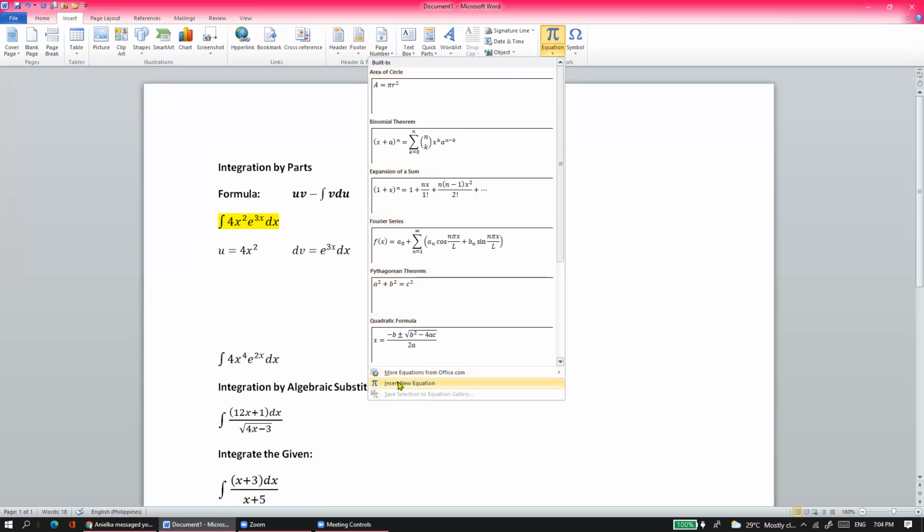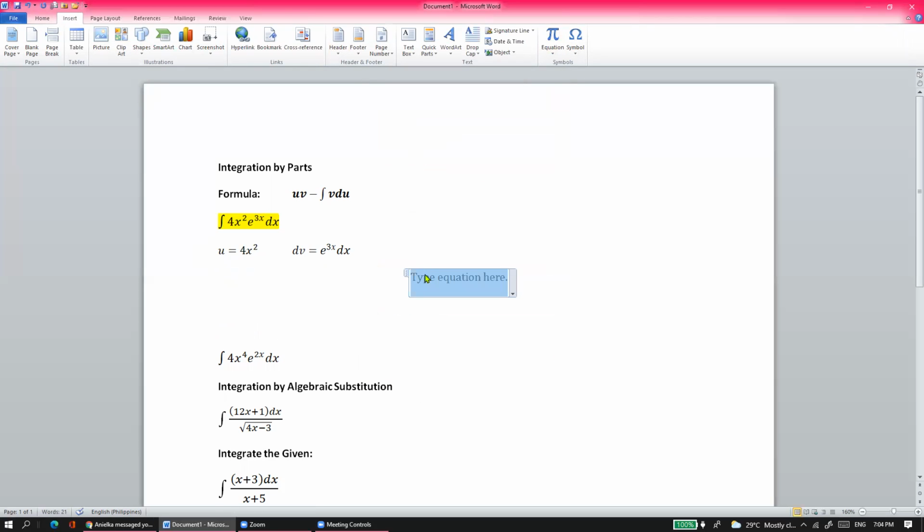So we have now du is equal to 8x dx. So nakalculate na natin ang derivative ng u.